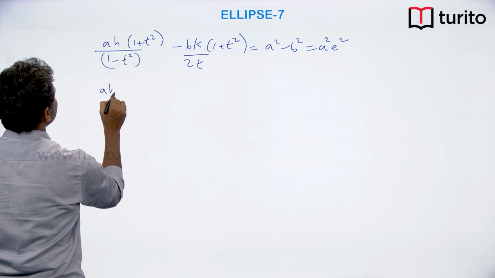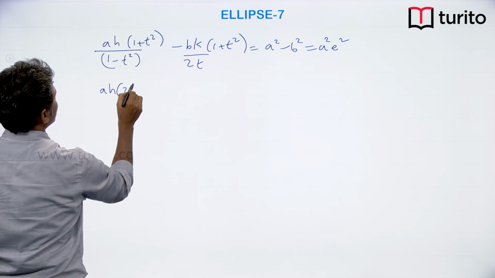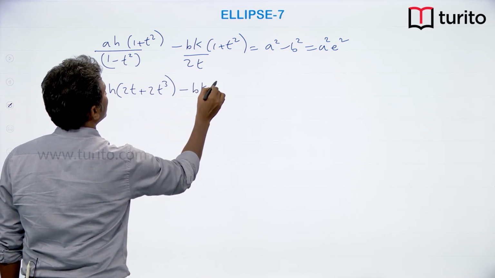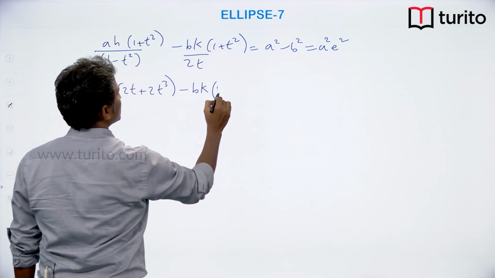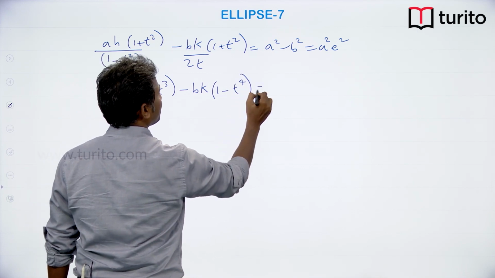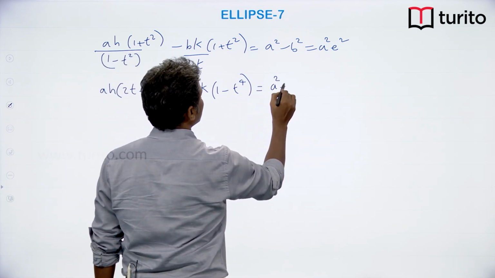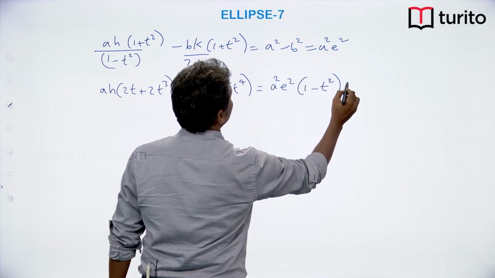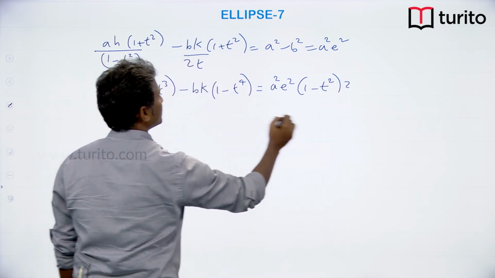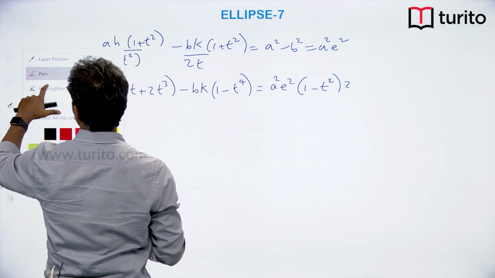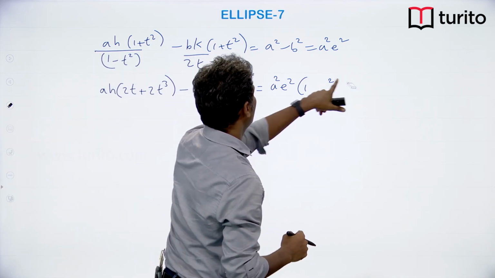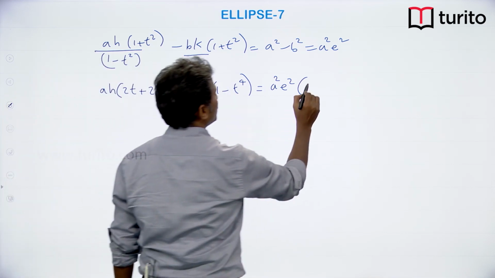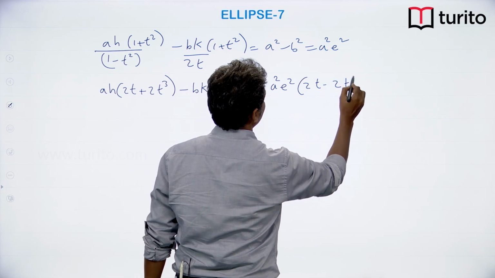So, here ah into 2t will come here. So, 2t plus 2t cube, minus bk into this term will come here. So, it becomes 1 minus t power 4, and here a square e square into 1 minus t square into 2t. So, we can also simplify it further. 1 minus t square into 2t will be 2t minus 2t cube.